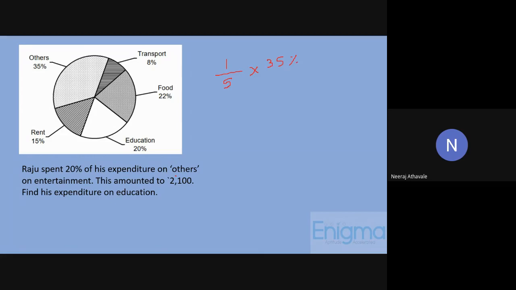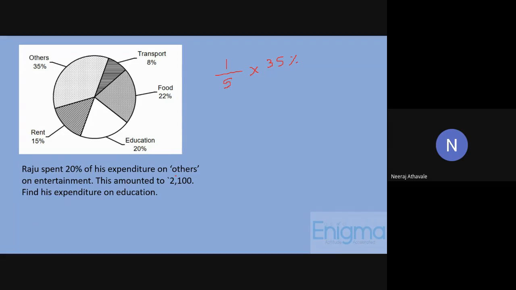So that means, Sir, I had a question with regards to this. In the pie chart, all the questions are from the same pie chart, right? So can the values of the total be different for each question? Like we had the first question in which we found the total to be 30,000, right? So is it possible that this might have a different value for total? Yes, it might have.